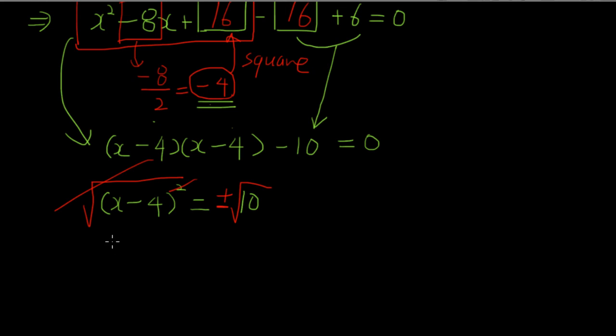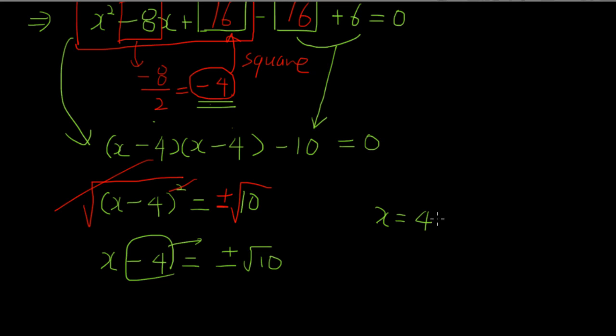So this ends up being x minus 4 equal plus minus square root of 10. And I'm going to move this negative 4 to the other side. So we have x equal 4 minus square root of 10 and x equal 4 plus square root of 10.